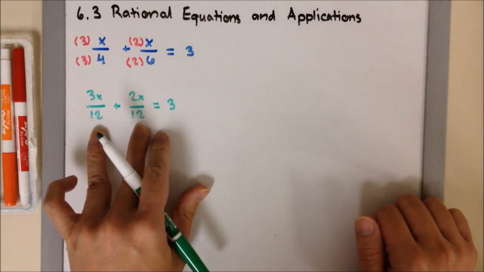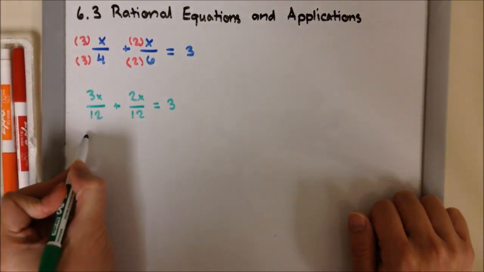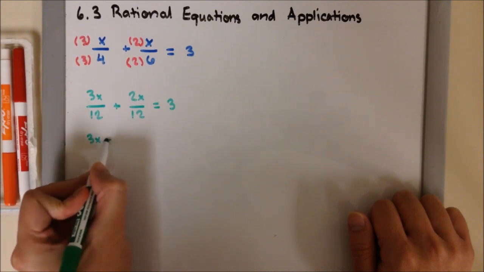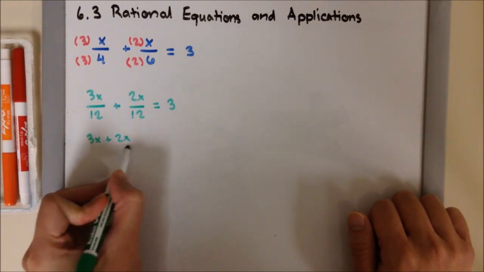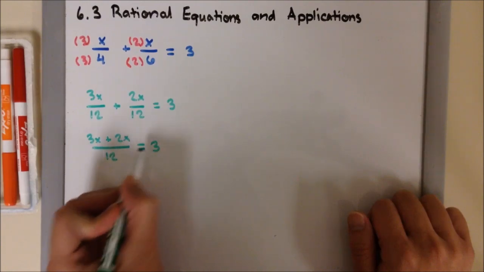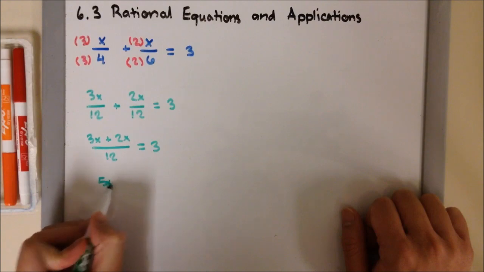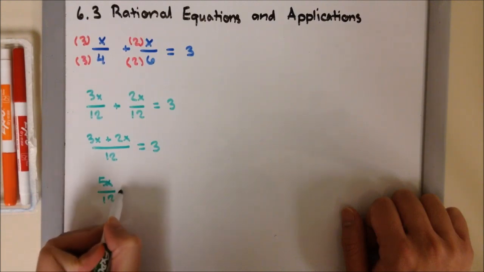Once these denominators are the same, you can combine them as one fraction. So it will be 3x plus 2x over 12 equals 3. And when I simplify that further, it will be 5x over 12 equals 3.